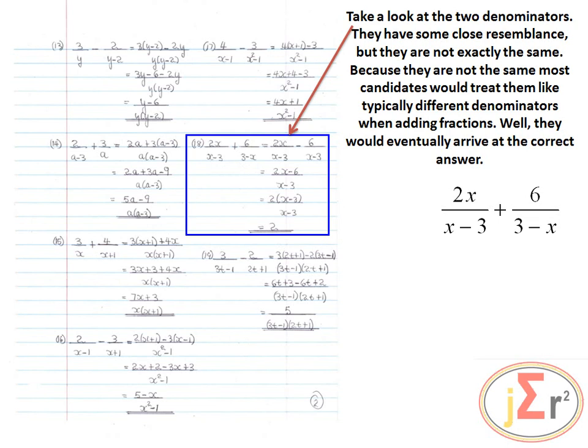Because they are not the same, most candidates would treat them like typically different denominators when adding fractions. Well, they would eventually arrive at the correct answer, but it would be better if they are treated in the way that they should be treated, in a way that indicates that they are very closely related.